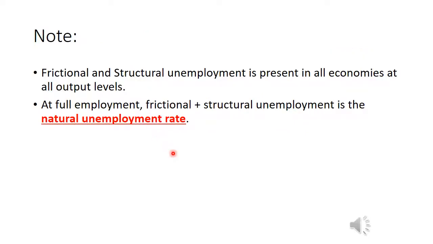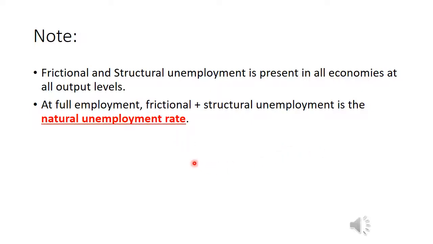Now take note again, we have this term called the natural unemployment rate. At full employment, what you have is only frictional and structural unemployment. These two add up together to give us our natural unemployment rate. Natural, because they are always there. So in the economy at full employment, where you don't have any cyclical unemployment, what you have is only frictional plus structural.